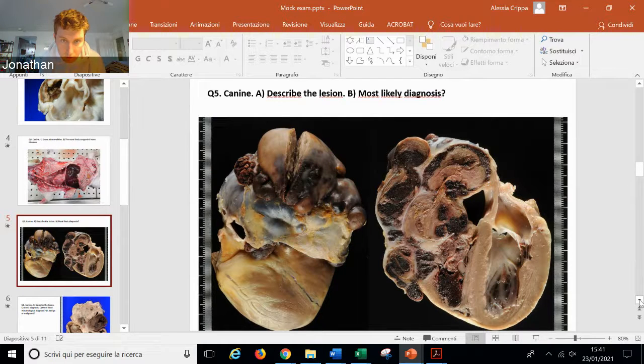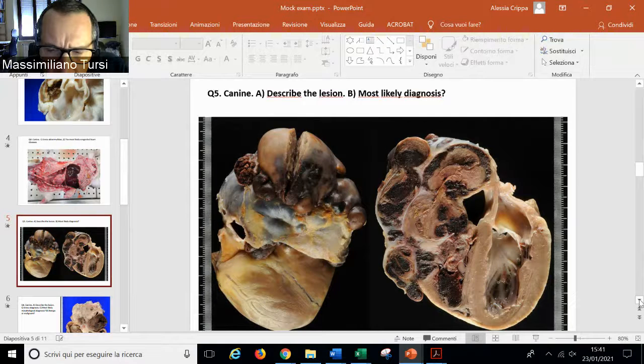No, a cavity is usually an empty space. A cavity can be filled with something. Sure, but in this case, the space is not empty. In this picture, there is no empty space.